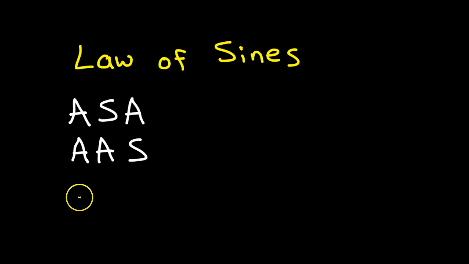And the reason why we could not use side, side, angle to prove that two triangles were congruent is because this is the ambiguous case. We're going to find out that the triangle could be a lot of different things depending on exactly the calculations that we have. So that's why it didn't prove two triangles were congruent, because this is the ambiguous case.